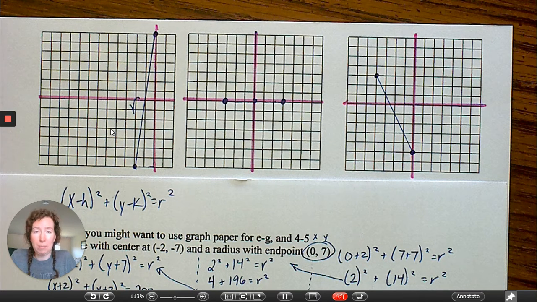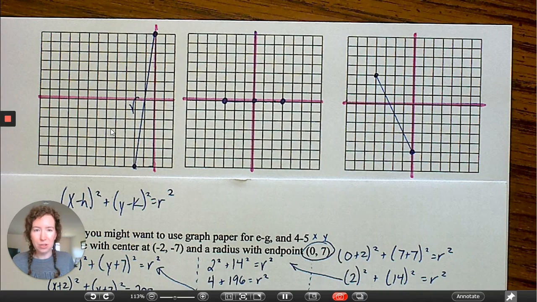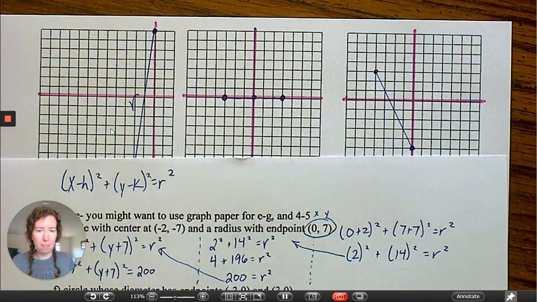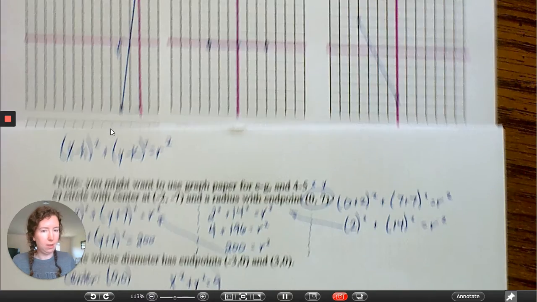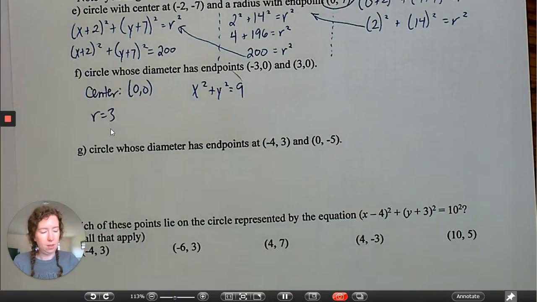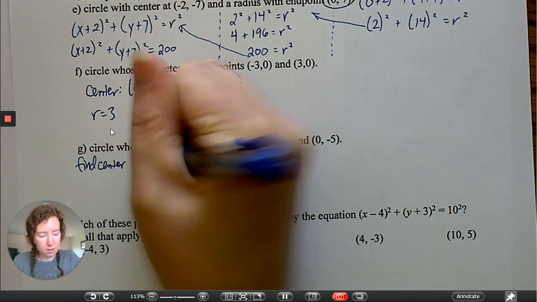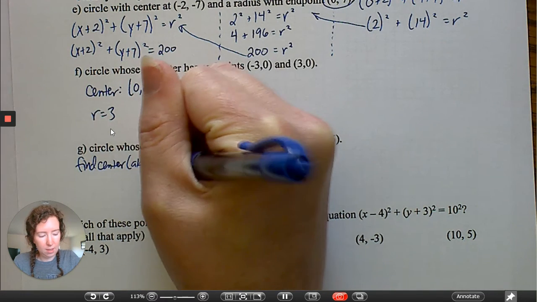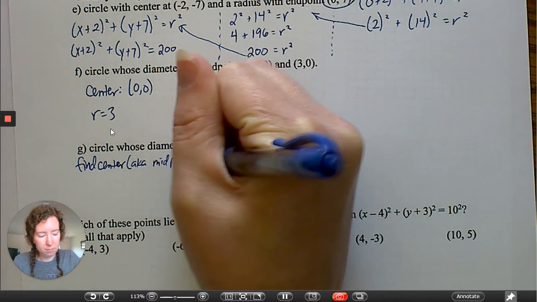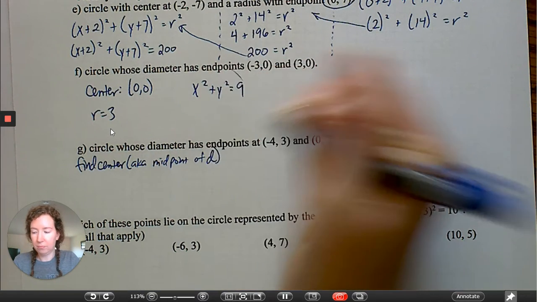I need to find the center point. So essentially I need to find the midpoint. A few chapters ago, we learned how to find the midpoint of a segment. We wrote the formula down in our toolkit. So if you want to flip back in your toolkit now to find that equation, it's essentially just averaging the two coordinates together. We want to find our center, aka the midpoint of our diameter.